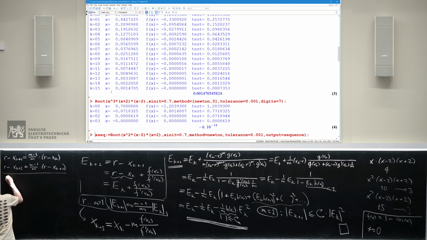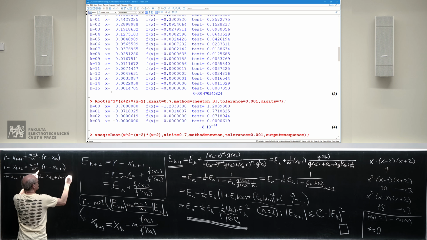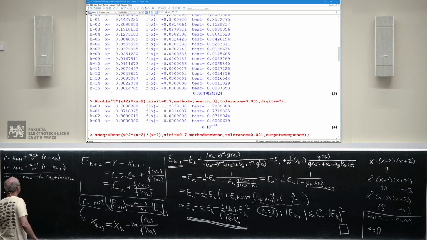And what I get is minus m xk plus 1, and I'm subtracting number 2, so it will be plus m xk plus 2 is equal to, and there's m minus 1 r, and m minus 1 r, it cancels, and then I'm subtracting m minus 1 xk, and adding, because this second equation is subtracted, m minus 1 xk plus 1. Okay. That's a formula.